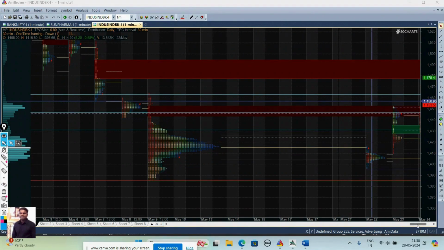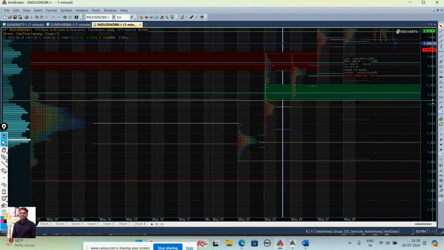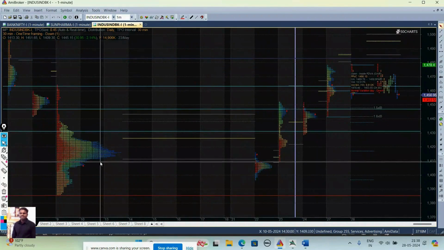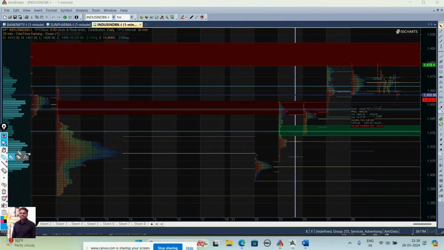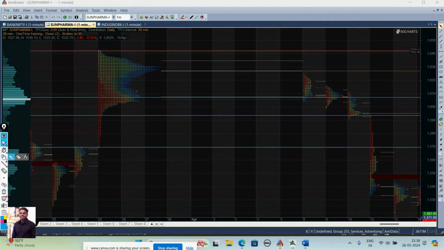Check the third day, trend day. So the price is in downside. The center is overdevelopment. That bell curve structure looks like center development. This one looks like top of the development. When price gaps down, it will fall.